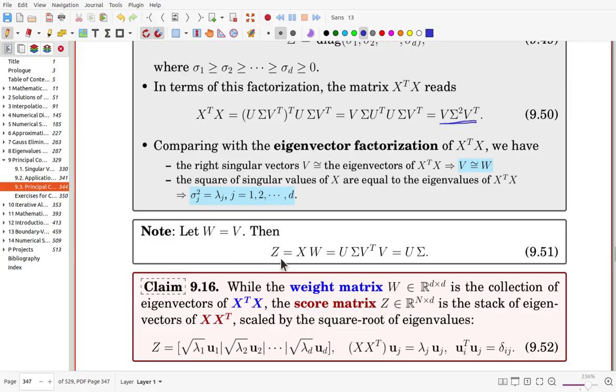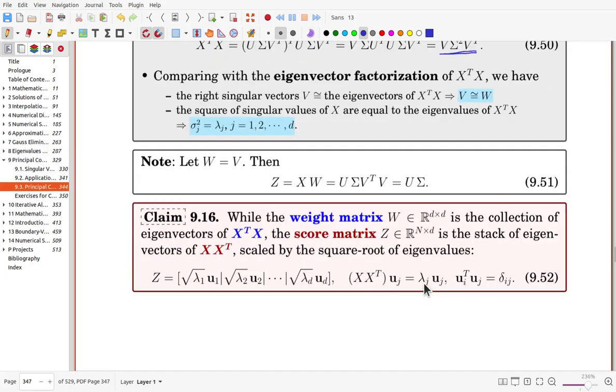Then Z is XW, and X has the singular value decomposition, so Z becomes U sigma. So we may claim that while the weight matrix W is the collection of eigenvectors of X transpose X, the score matrix Z is, once you multiply, the sigma values scaling the columns of U. Okay.